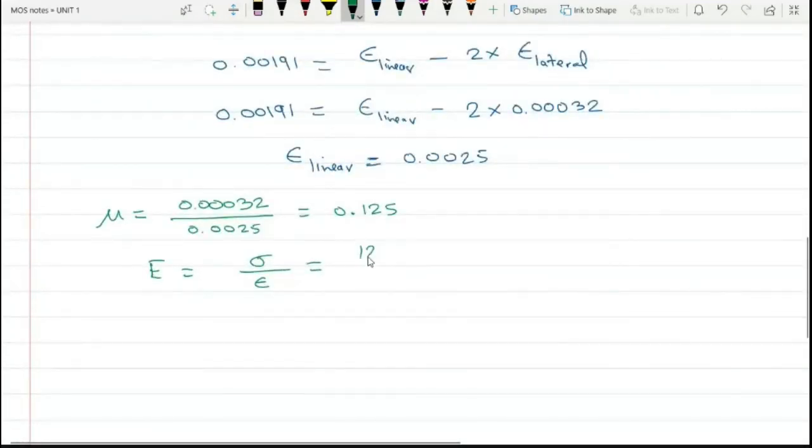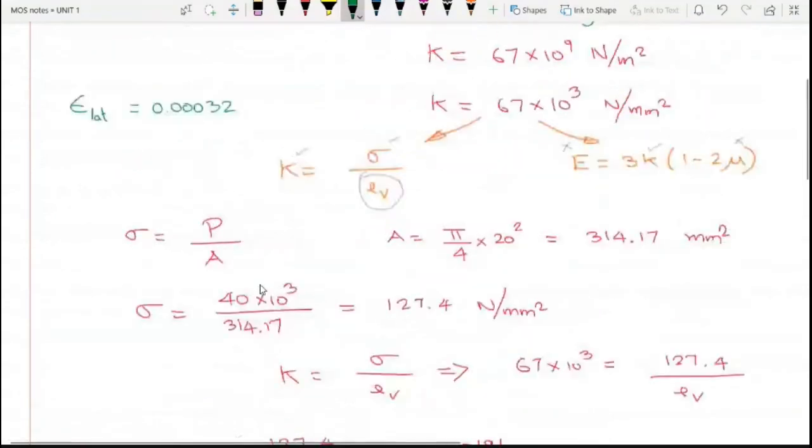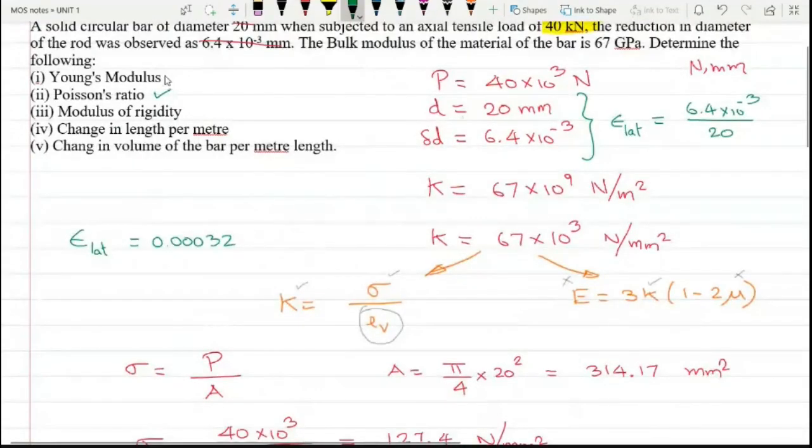So 127.4 divided by strain 0.0025 gives 1.503 into 10 power 5 Newton per mm square. So we identified our Young's modulus, and this is also over.